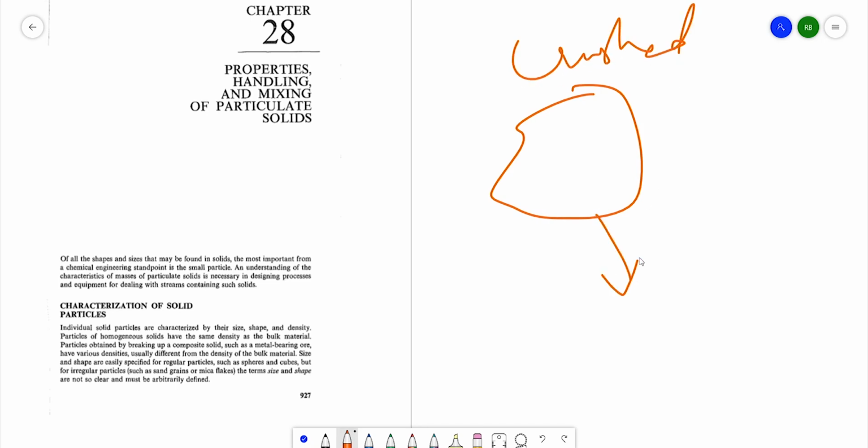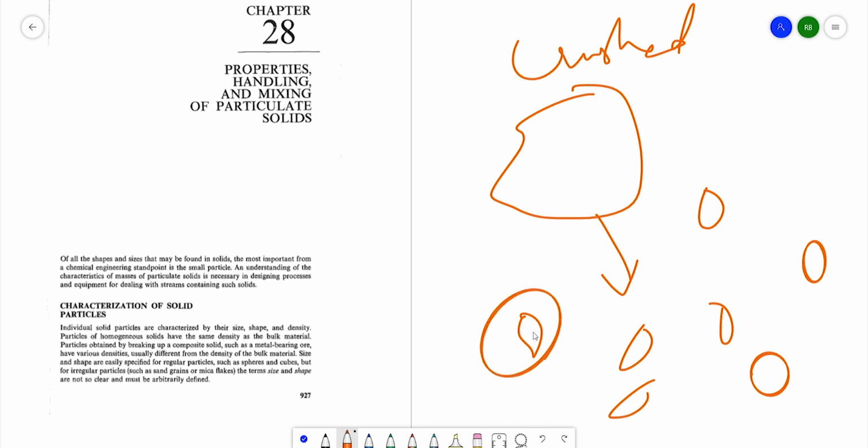Then if you crush the rock, it will be broken into smaller irregular pieces. Now, what is the shape of this irregular particle? You cannot say, right? So we have to define something. So define the diameter or the size, and how can we define the shape of this particle?